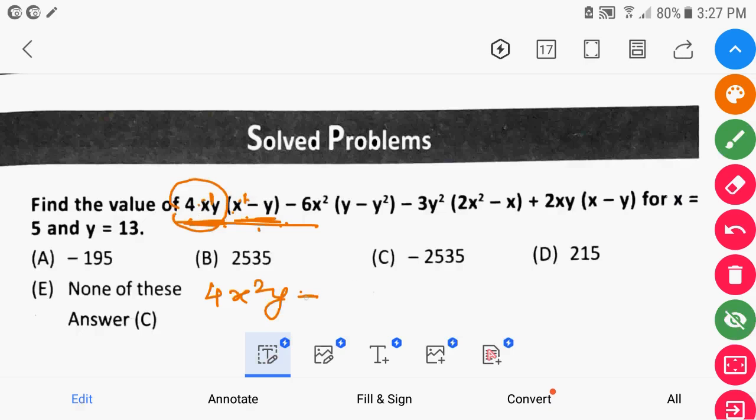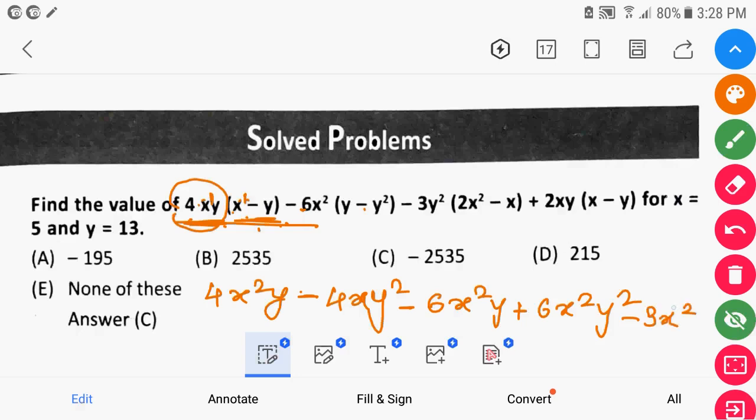Now minus 4x as it is, y multiplied by y becomes y square. In the same way, multiply with this 6x square: minus of minus gets plus 6x square y, and minus 3 times 2 is 6x square y square, plus 3xy square.